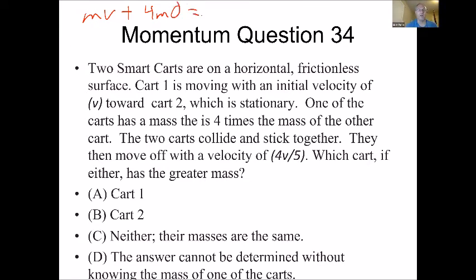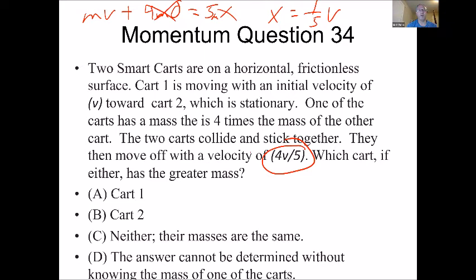They stick together, which means our combined mass is going to be 5m, and they move off at some speed x. If we solve that out for x, since this is 0, divide both sides by 5m, we're going to end up with a speed of 1/5 v. So that would be the combined speed. Notice that is not what we end up with here.